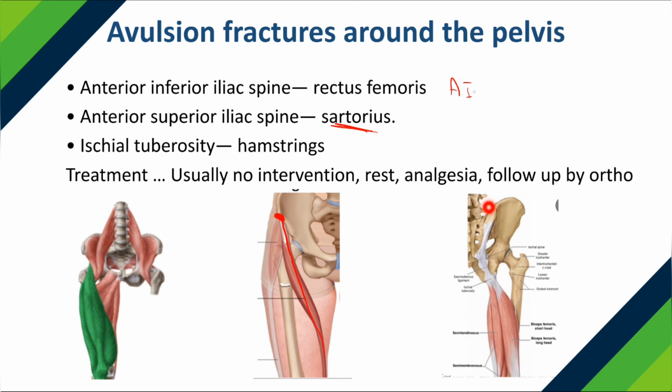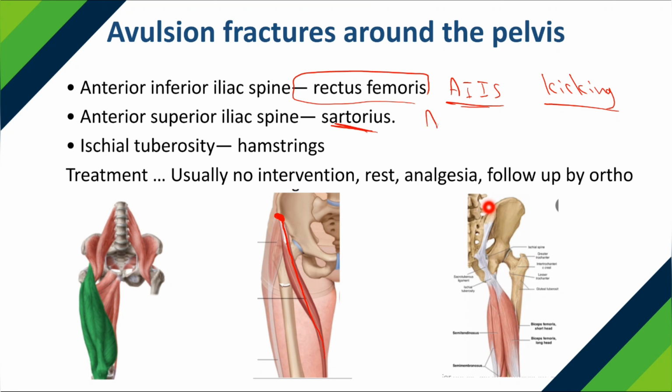The anterior inferior iliac spine, as we said, is connected to the rectus femoris. Usually this occurs when there is forceful contraction during activities like sprinting or kicking. So if you are kicking a hard object, the muscle pulls on the bone where it attaches, causing a fragment of the bone to be detached.